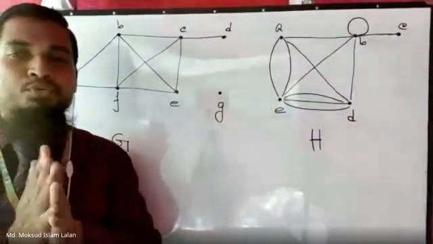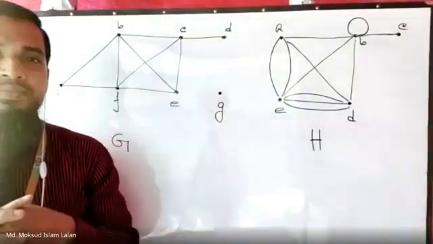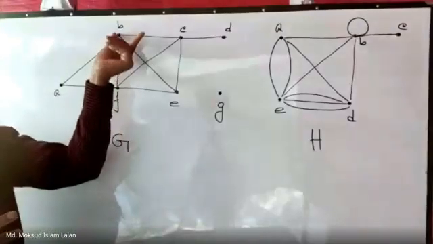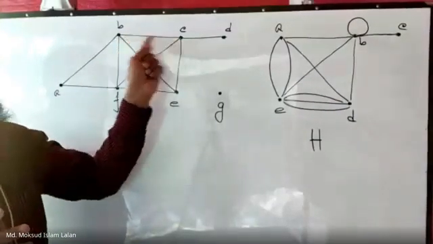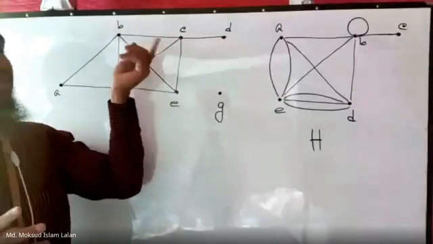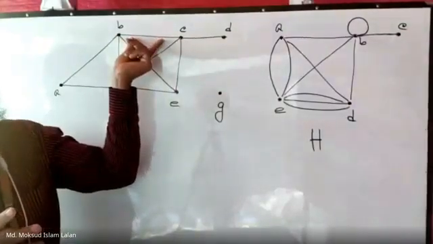I think maybe you know how to find the edges. Dear students, between these two vertices, in a specific pair of vertices, it's called an edge, right?